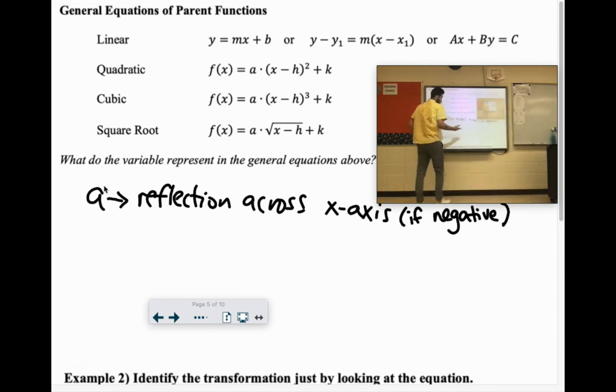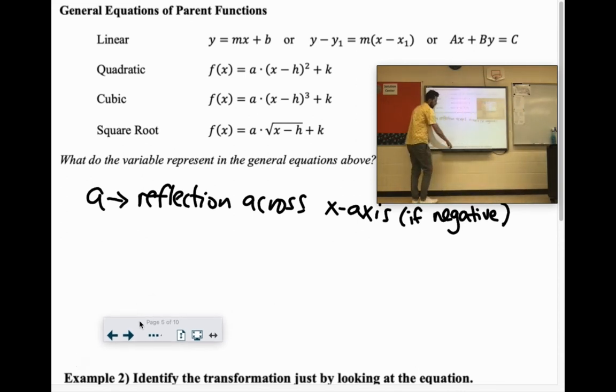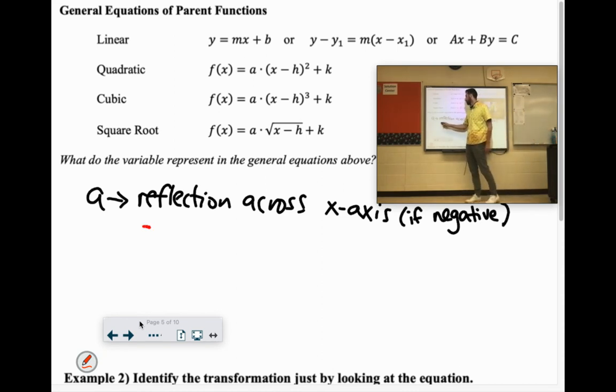All right. A can also tell you if it is a stretch or compression. What else we got here? Let's go ahead and put the stretch and compression. So stretch if the absolute value of a is greater than 1.